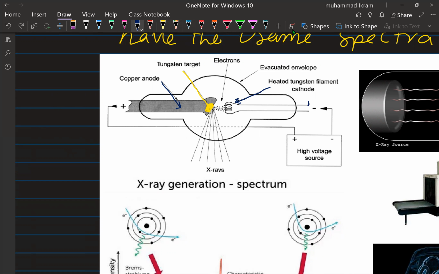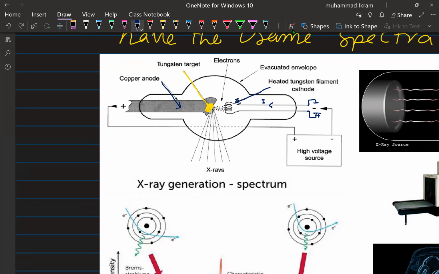Here, if I make this the negative terminal, and this the positive terminal, right? A 6-volt battery for 0.3 ampere of current is used to heat the filament.